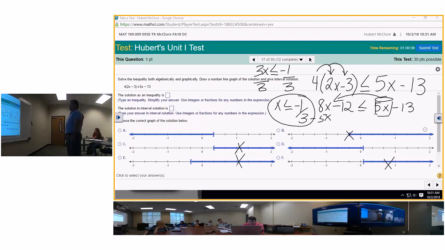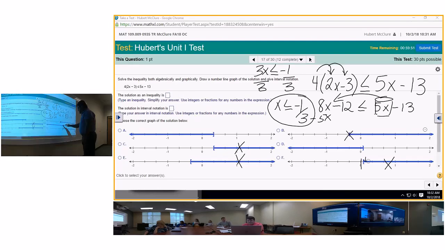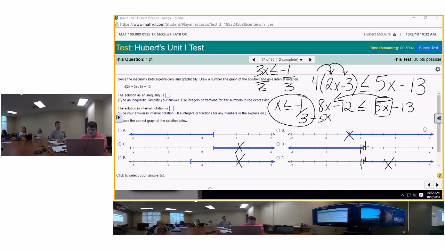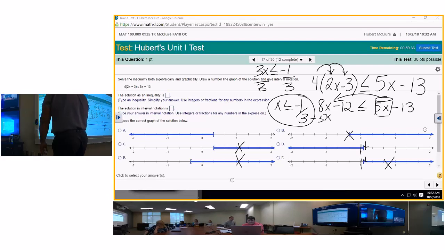I don't know. The problem I've got is I don't have a bracket at -1/3. Do y'all see a bracket at -1/3? All right, here's 0. That's positive. Okay, this is 0. That's positive. This is 0. This one is correct. This parenthesis. This one is correct, but it's greater than. This one is positive.